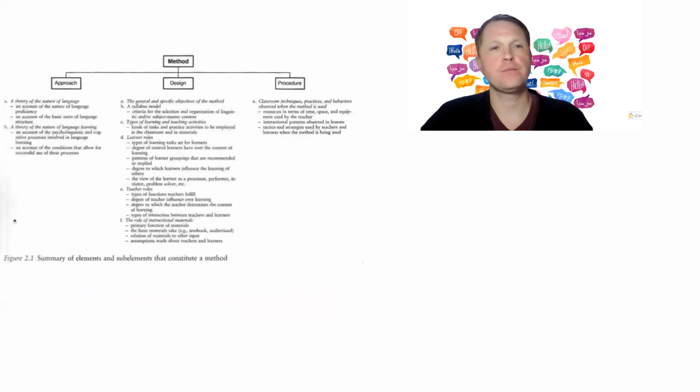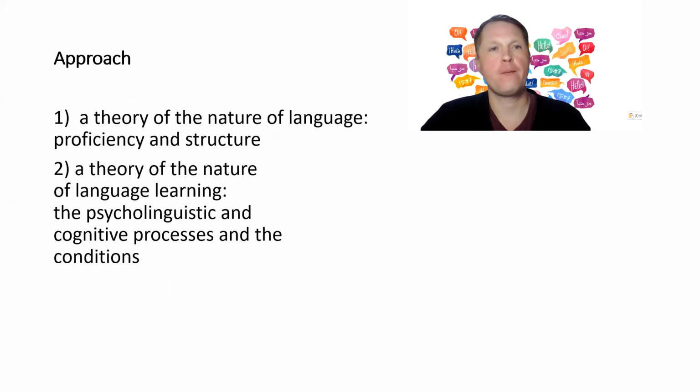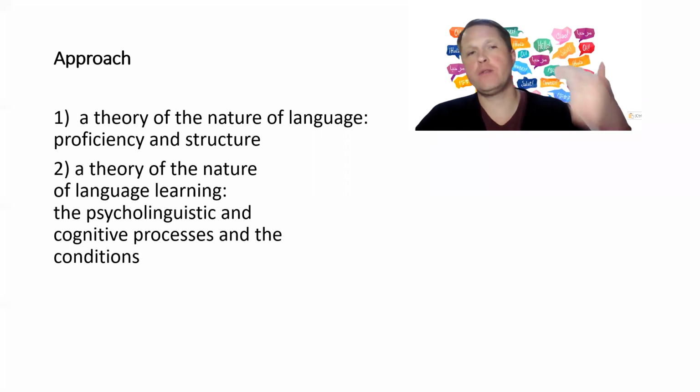So again, today we're talking about Richards and Rodgers' breakdown of a method, which consists of an approach, a design, and a procedure. And an approach can be based on your theory of the nature of language and or your theory of the nature of language learning.